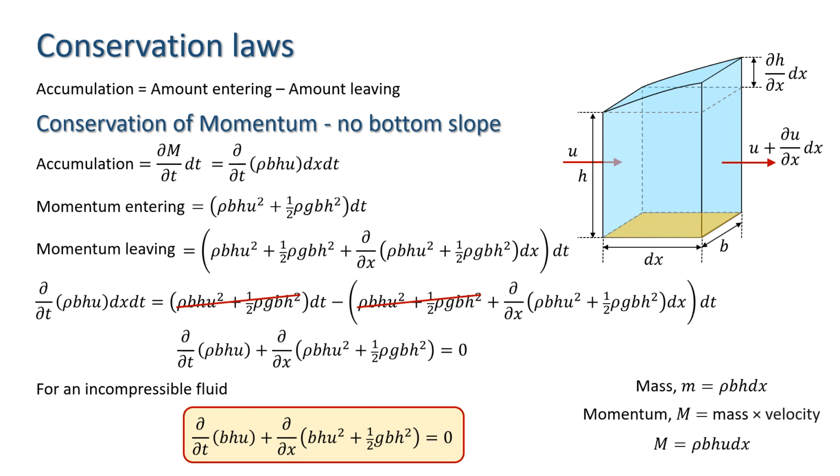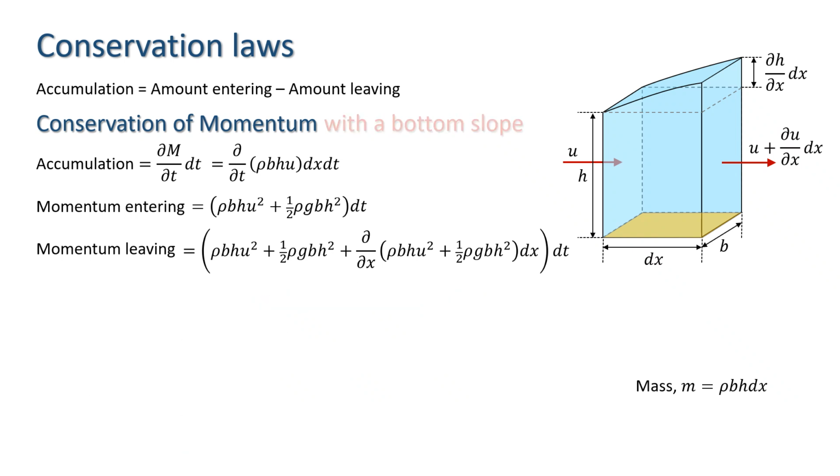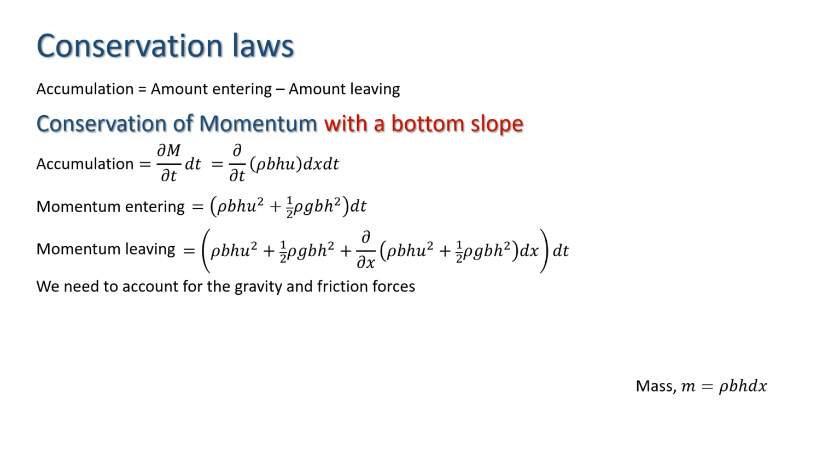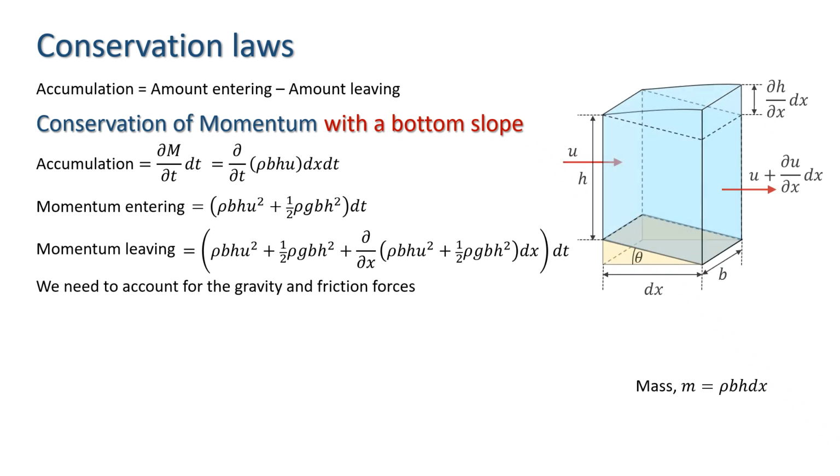Okay, so we have the momentum equation for shallow flow with no bottom slope, but in general we need to consider a change in slope across the control volume. The work we've already done is still valid, but when there's a bottom slope we also need to account for gravity and friction forces. So let's assume that our control volume looks like this, with the bottom slope at an angle theta to the horizontal.